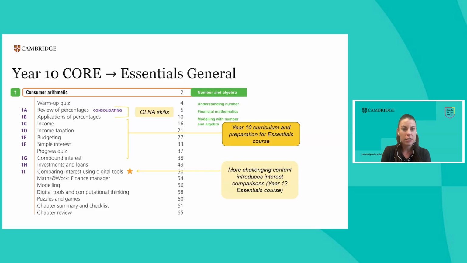The gold star content here is present for teachers who may be looking to extend students and front load some understanding of comparing interest rates, which is part of that Year 12 essentials course, when some students start to use spreadsheets to see how interest grows over time, or how banks may increase or decrease their interest rates, and the impact this has on a person who may have invested or borrowed money, for example.